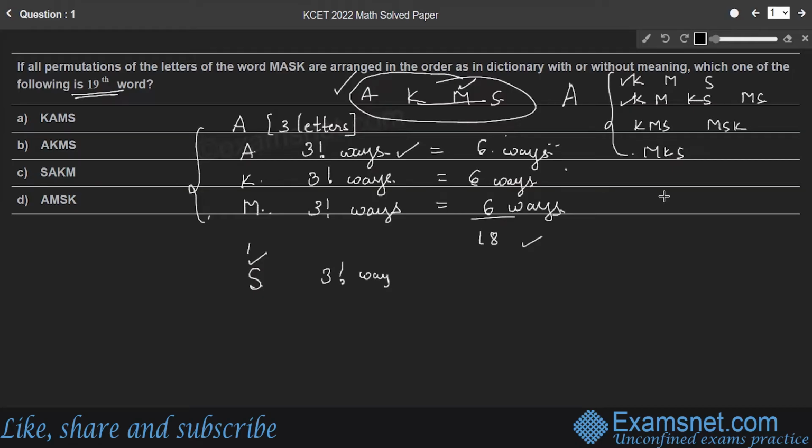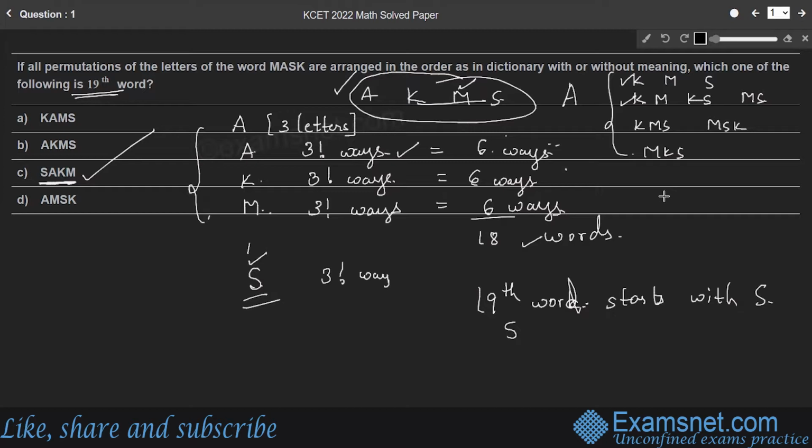So already we have 18 words, and the 19th word starts with S. Therefore, the 19th word starts with S. Among the 4 options, there is only one word without meaning that starts with S. There is no need to arrange the words starting with S separately. So directly take option C as the right answer, which starts with S.